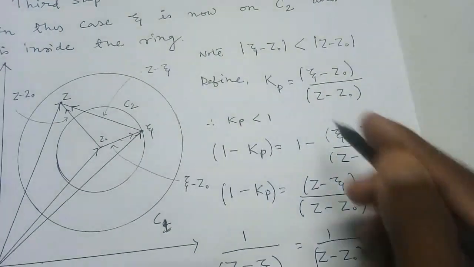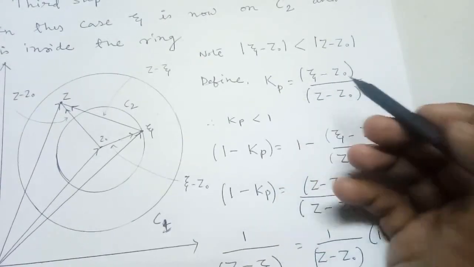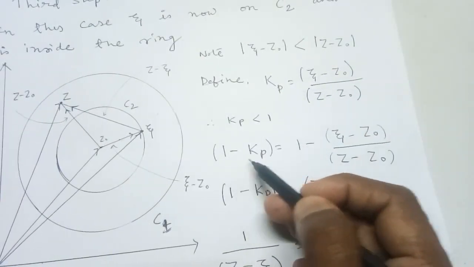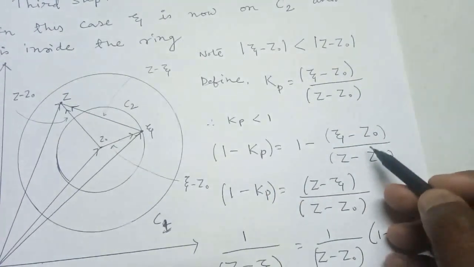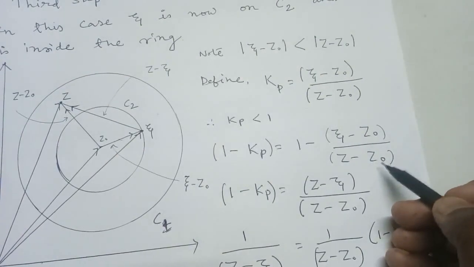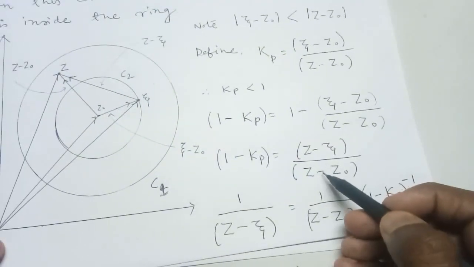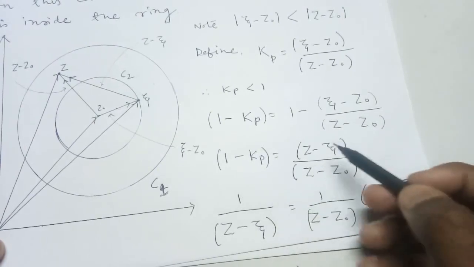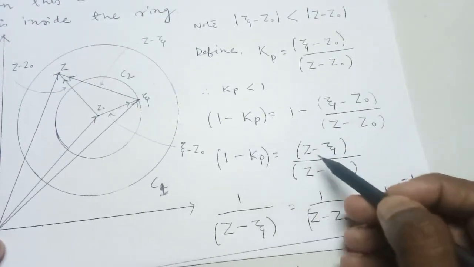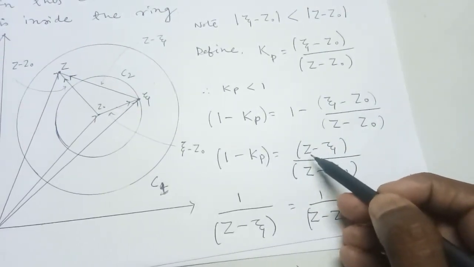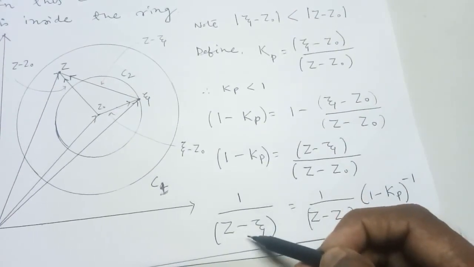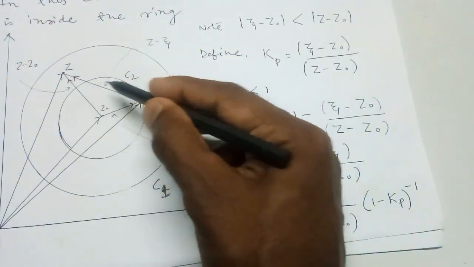Now we again subtract from unity, and we get 1 minus kp, that is 1 minus (xi minus z0)/(z minus z0). The simplified form is this, and we change the sides of the terms. We take 1 by z minus xi, that is this length.